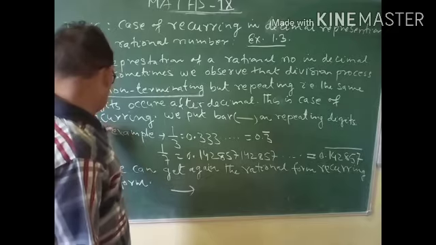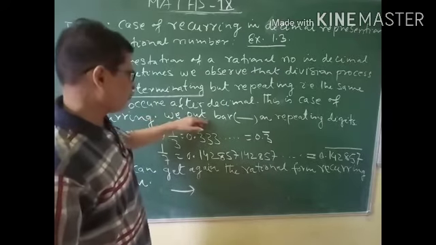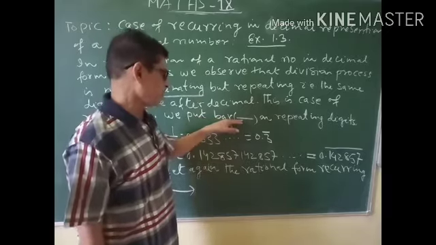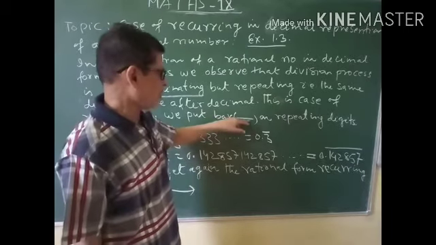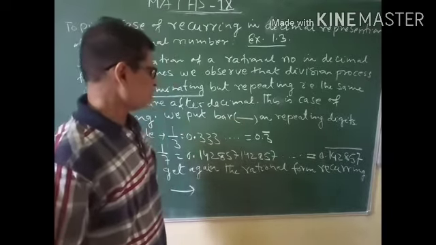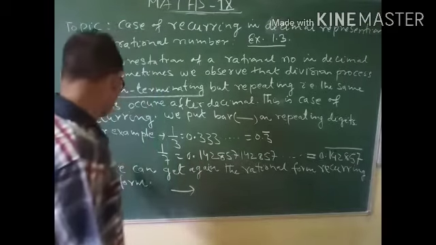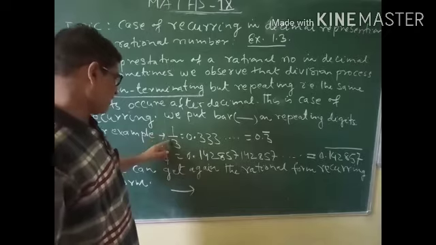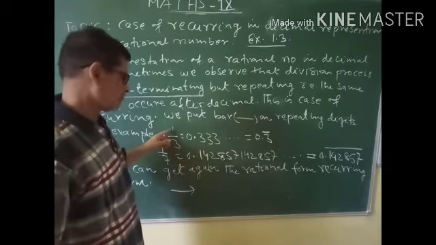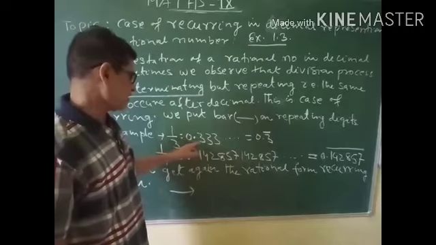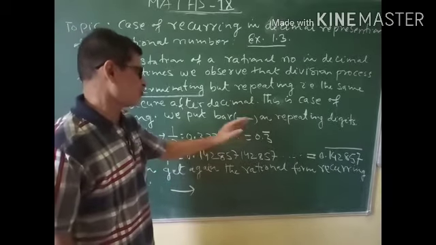So for recurring, we can put a bar to represent the recurring decimal. We put a bar on those digits which occur again and again. Thus, for example, 1 by 3. If you divide 1 by 3, then we get 0.333 and so on.